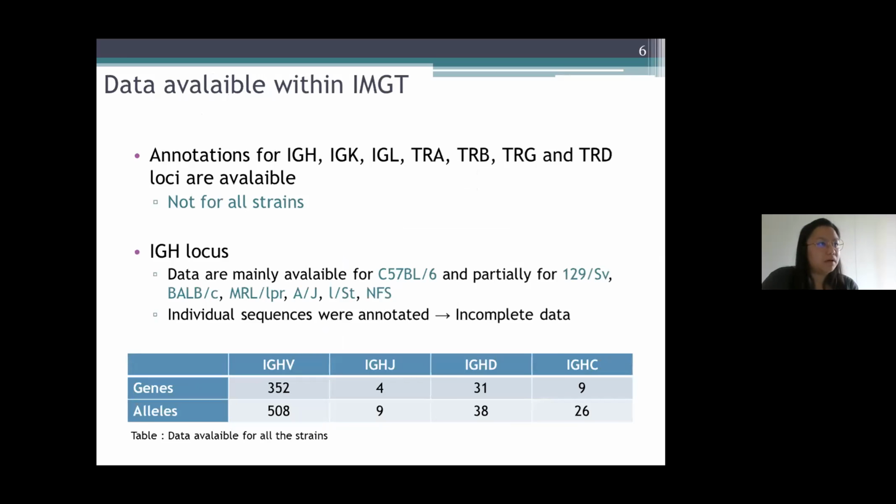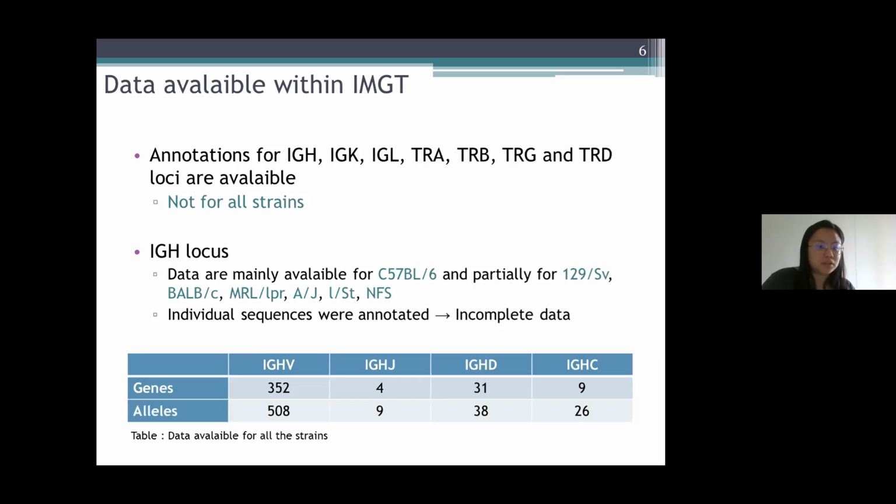To have a better overview of what is available within IMGT, I looked at our data. We have annotation for the 7 loci, but not for all strains, and data are not complete. First, I got interested in the IGH locus to develop my methodology, and data are mainly available for C57BL/6, which is our reference, and we have partial data for other strains.